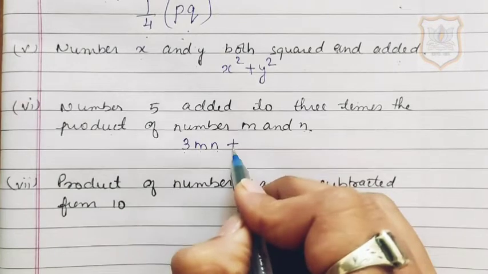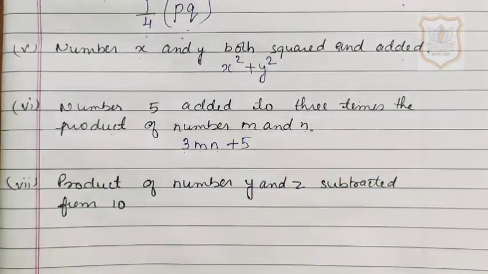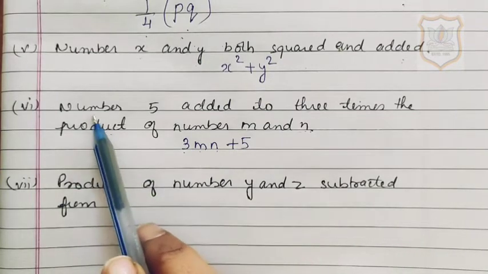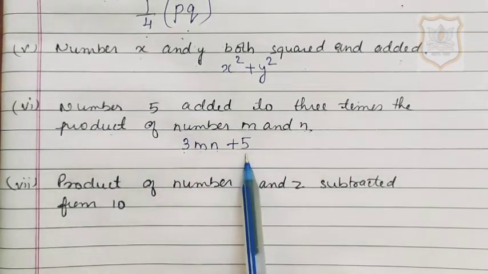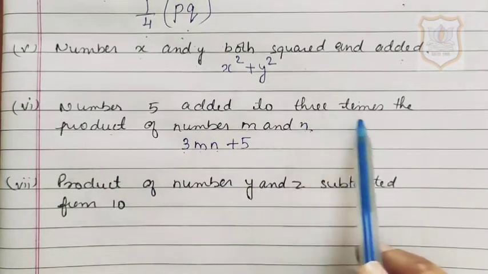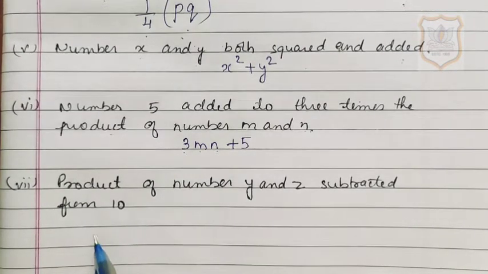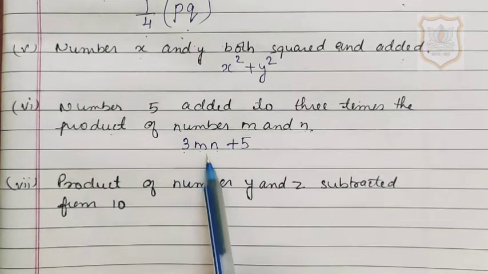Means here we will write plus 5. So students, to form the algebraic expression, we have to solve the sums in parts. You have to add number 5 to 3 times the product of number m and n. 3 times mn will be 3mn. So the expression so formed will be 3mn plus 5.